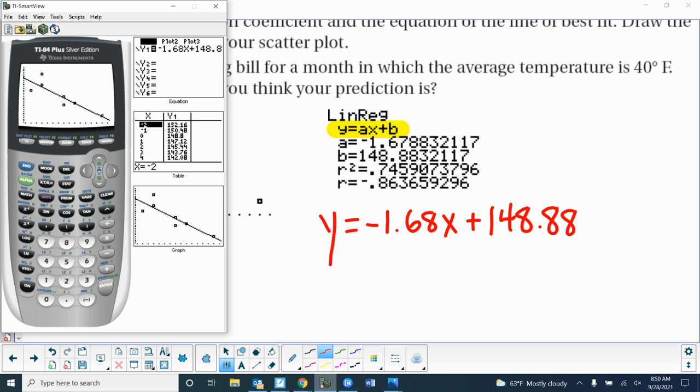But if you hit second, trace, which is our calculate menu, we're just putting a value in for X. It's going to ask for a value of X, which this problem's asking for it to be 40. And then if you look real close, my cursor's blinking on that spot at 40, 81.60. So what is that 81.60?